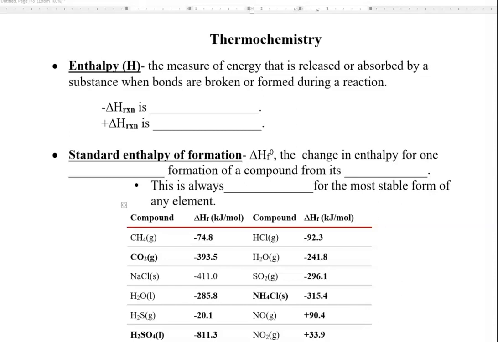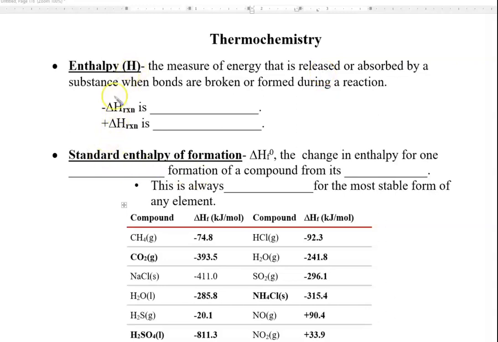This is more of heat of reactions, and the first one we're going to introduce you to is the term enthalpy. Enthalpy is amount of energy, so it's an energy measurement. So we're going to start to see kilojoules as our unit, the amount of energy that is either released or absorbed. So we're talking endothermic or exothermic reactions when bonds are broken and new bonds are formed during a chemical reaction.